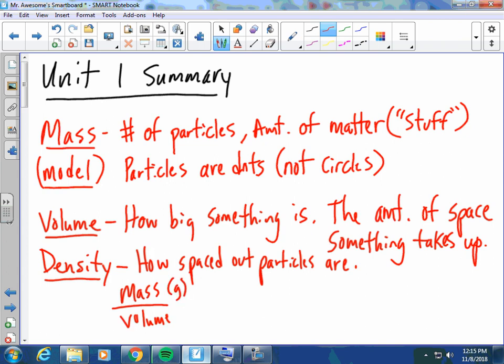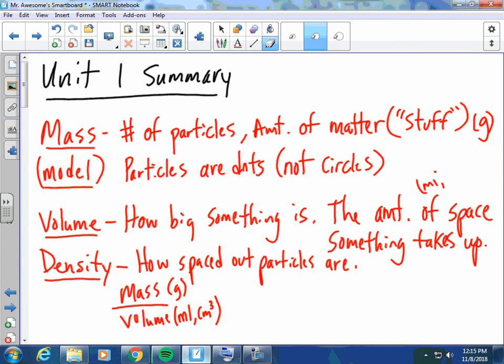Okay, so we know that this is in grams up here. Volume could be in a couple different things. Could be in milliliters, could be in cubic centimeters. It depends on how we're finding volume. Okay, so volume, milliliters, or cubic centimeters. Okay.